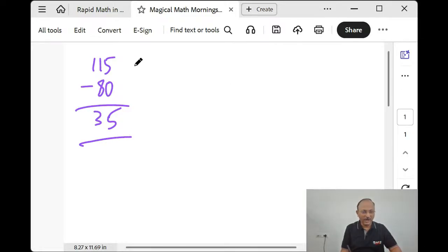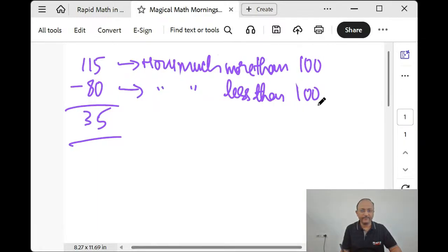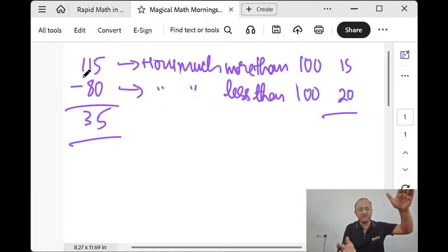We'll find out how much more than 100 the first number is, and for 80, how much less than 100. 115 is more than 100 by 15, and 80 is less than 100 by 20. That means, instead of directly finding the difference between these two, we split it.